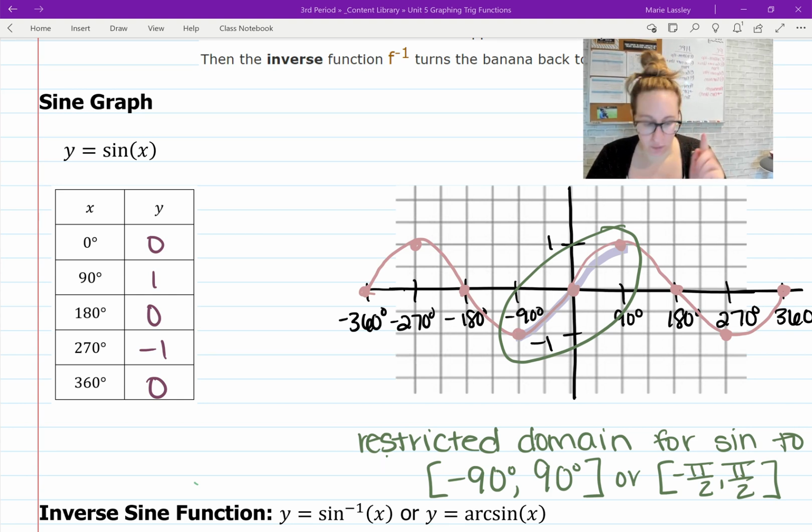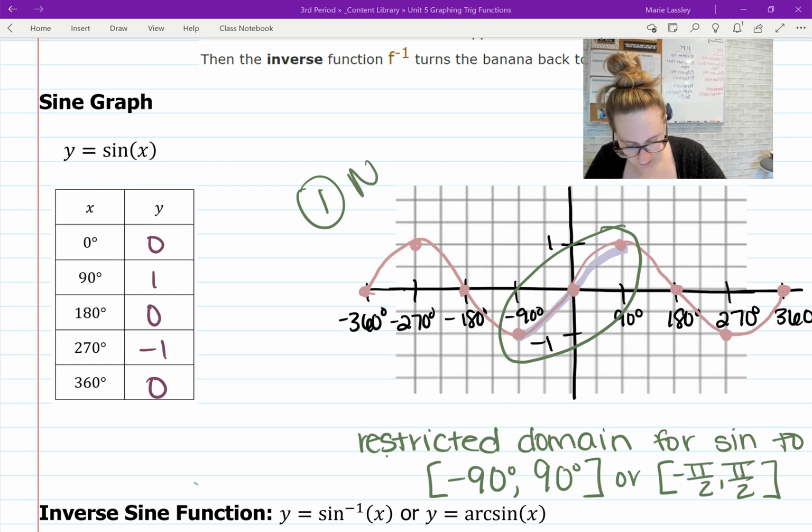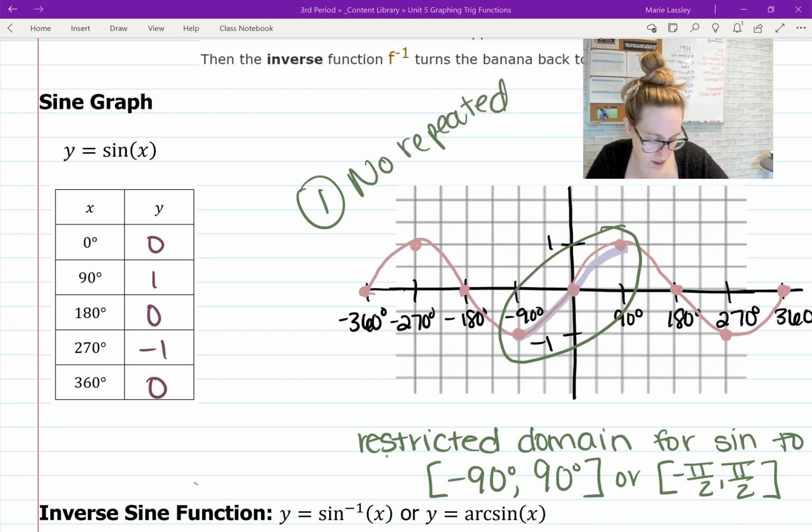Number one, no repeated values. And number two, we have a full range, -1 to +1.